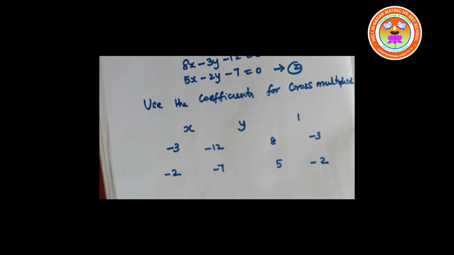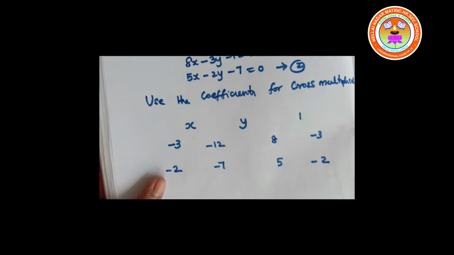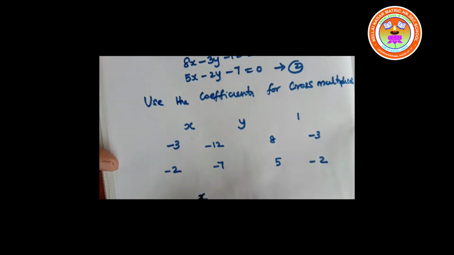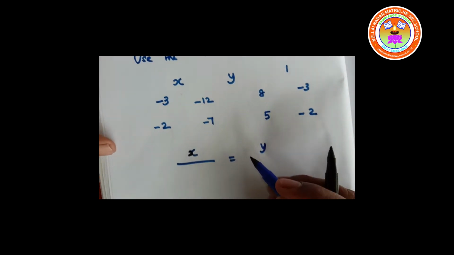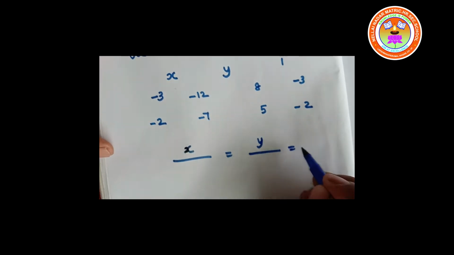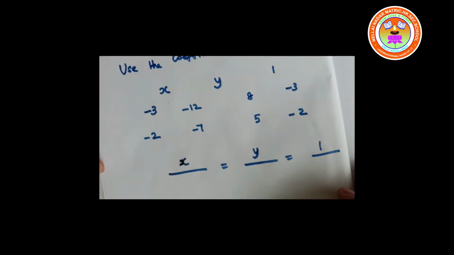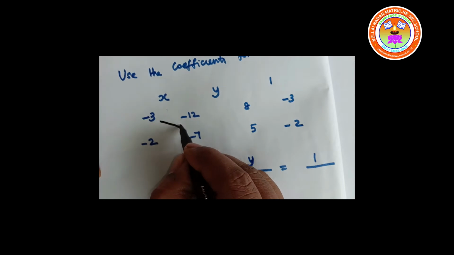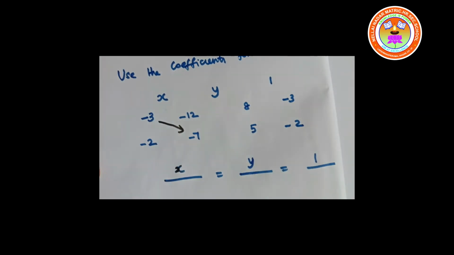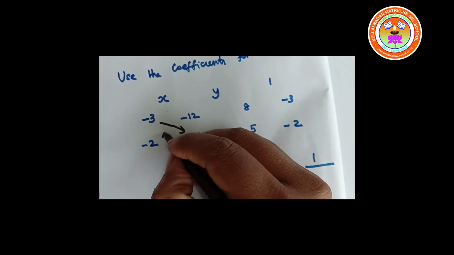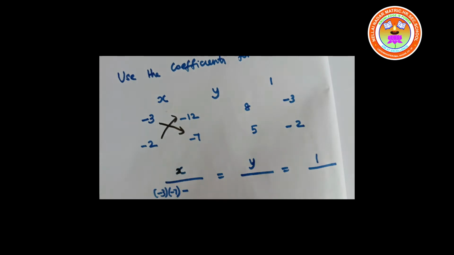Is it clear, children? Now you are going to use cross multiplication. x divided by, equal to y divided by, equal to 1 divided by. Write it like this. Now multiply: minus 3 into minus 7, minus of the main diagonal minus the sub-diagonal, that is minus 2 into minus 12.